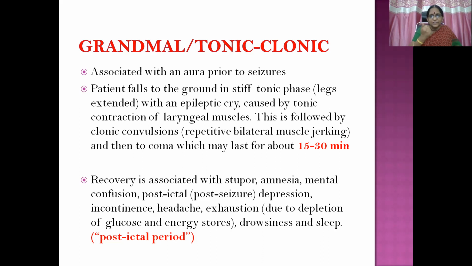This is convulsions or muscle jerking. And then coma. So the patient may lose consciousness, which may last for about 15 to 30 minutes. So first one is aura, then the tonic phase of stiffening, and then the clonic phase of convulsions. All this will occur over a period of 15 to 30 minutes. That's why it is known as tonic-clonic seizures. Both the phases are present here.